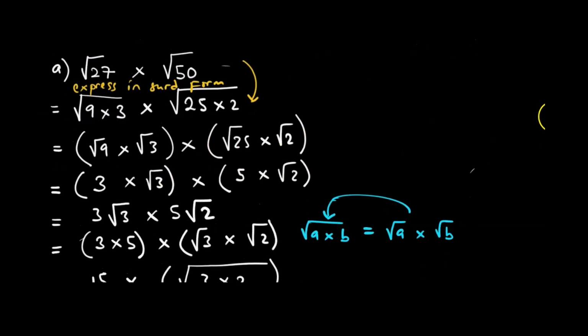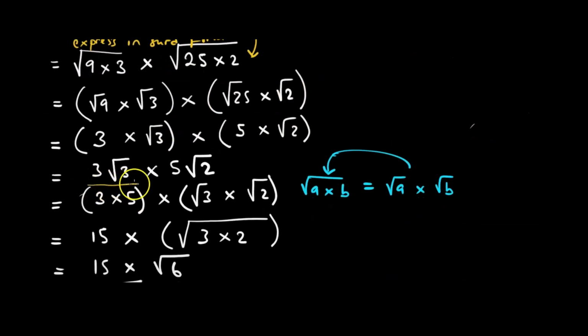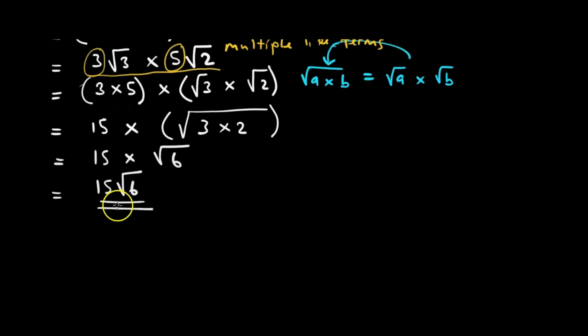Saka taexpressa in surd form tinosvika chi panapa apa. Then panapa we multiply like terms. And saka tacollecta manamba ega kama multiplier, collecta ma square roots ega kama multiplier. Then kana ta multiply kudaro, we get to our final answer.